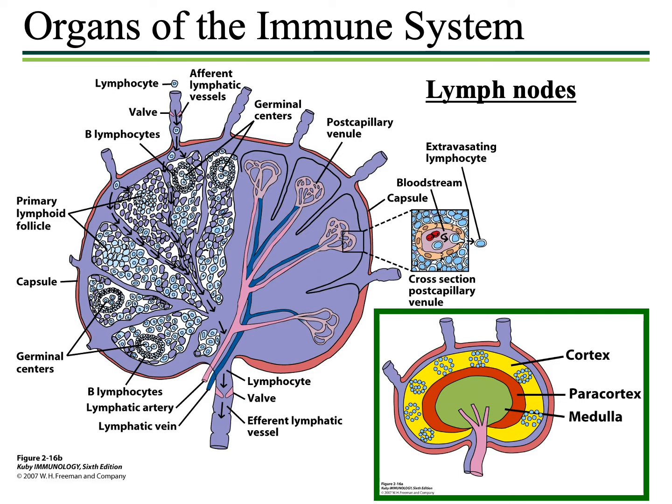These are sites where immune response is mounted to antigens within the lymph. Typically, lymph nodes are packed with lymphocytes, macrophages, and dendritic cells. Antigens can be brought into the lymph node, trapped by phagocytic cells, and allow for interaction between the phagocytes and the adaptive immune response.